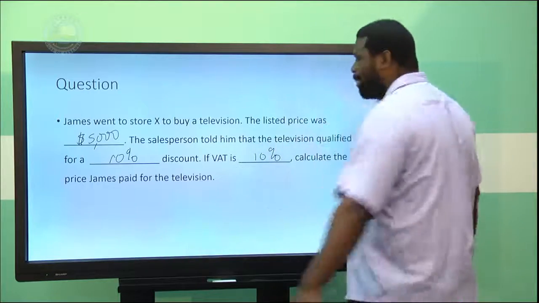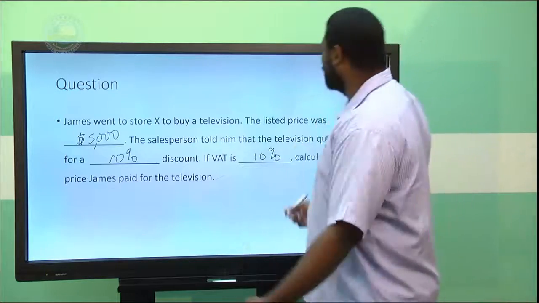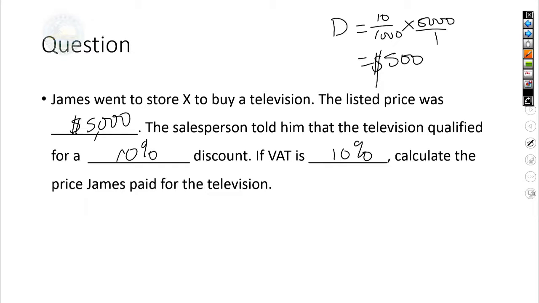Well, how much is the discount? We already know that the discount will be 10% of the original price, right? So that's 10% of the $5,000, which we know is $500. Easy mathematics.